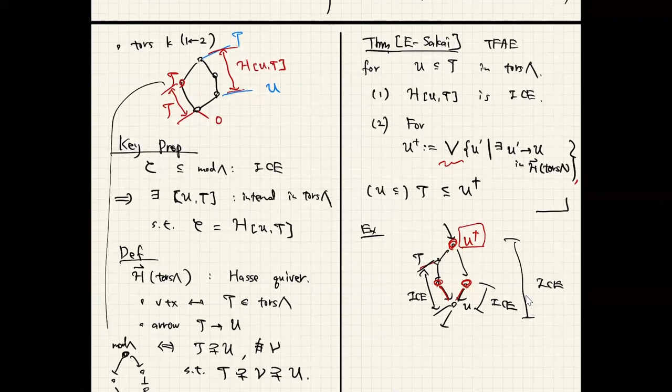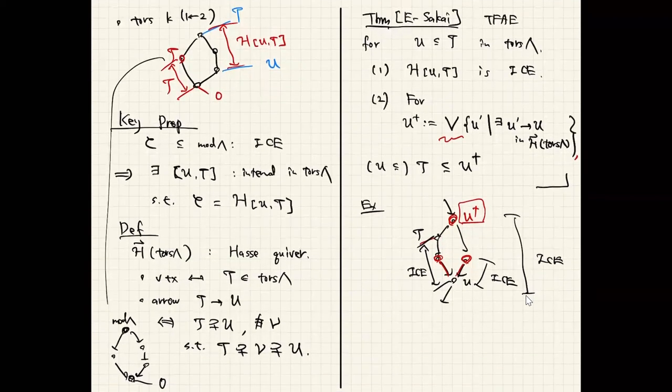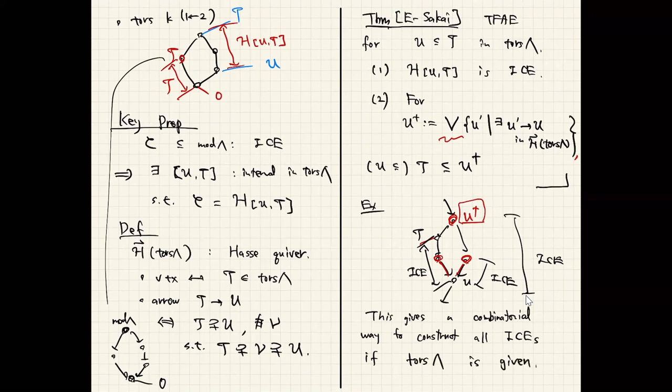As you see in this figure, this only depends on the poset structure of the poset of torsion classes, or the lattice of torsion classes. It is a combinatorial way to construct all ICE-closed subcategories if the poset of torsion classes is given.